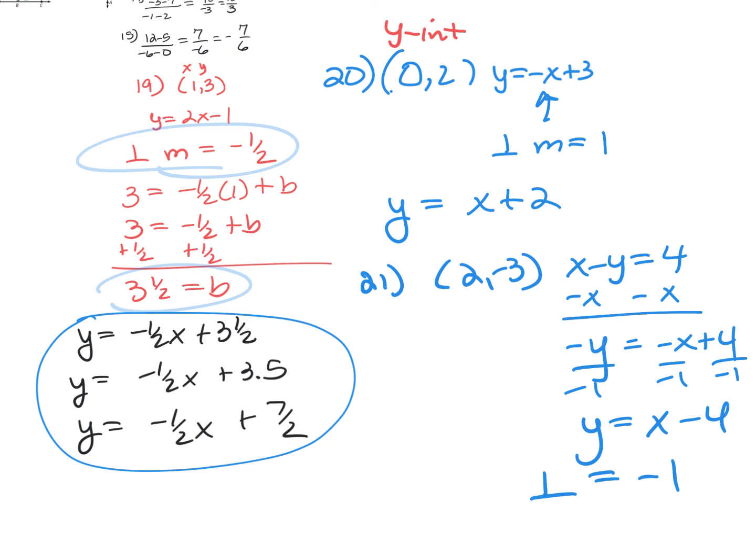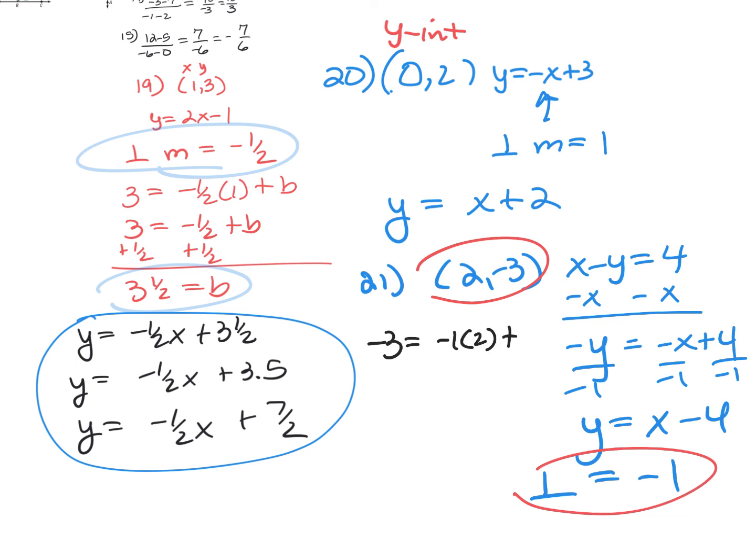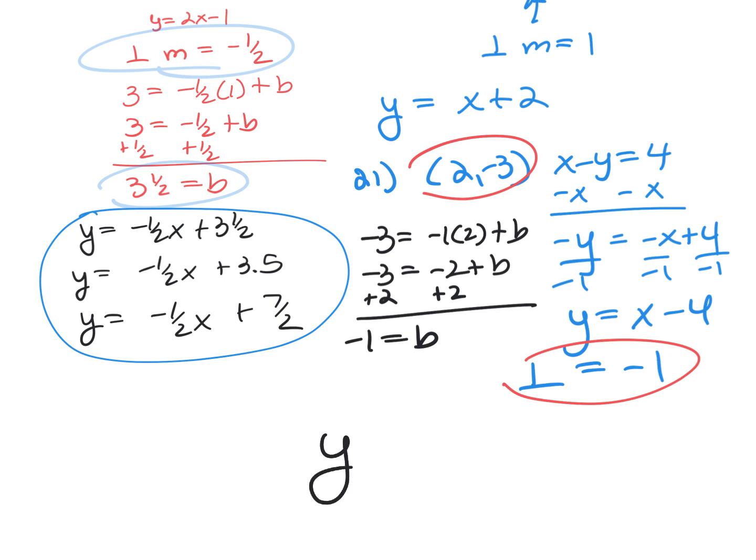So this will be the slope, and then I'm using this as my x and my y. So negative 3 equals negative 1 times 2 plus b. Negative 3 equals negative 2 plus b. Add the 2. Negative 1 equals b. So my equation for 21 is y equals negative x minus 1.